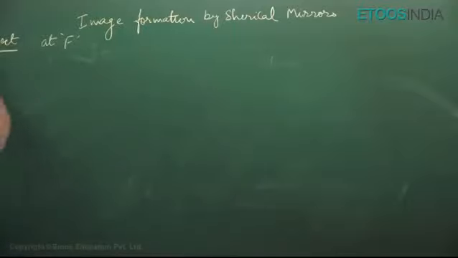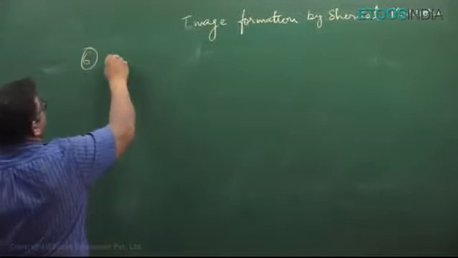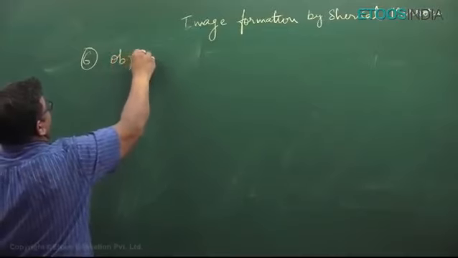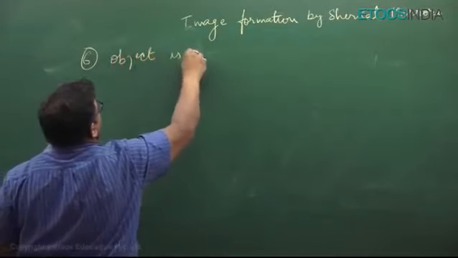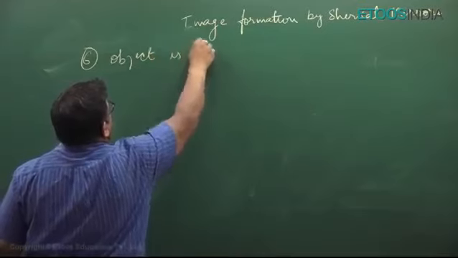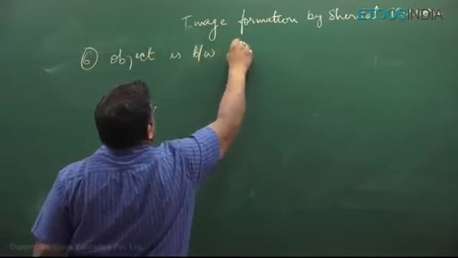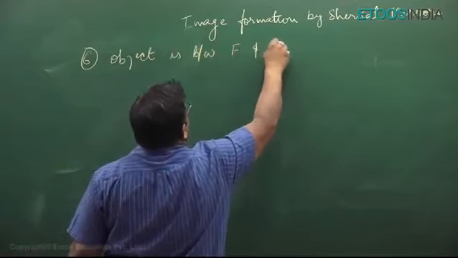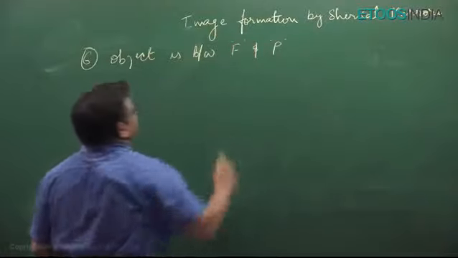The next position is very interesting. See, here the object is between F and P, that is the pole.